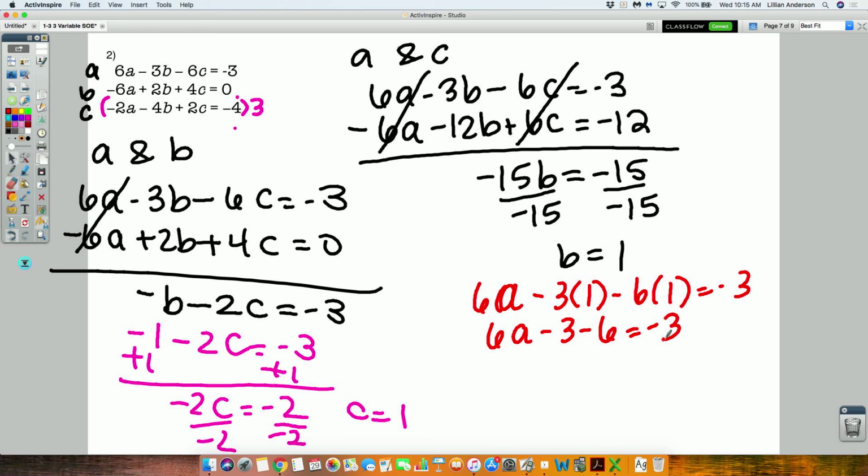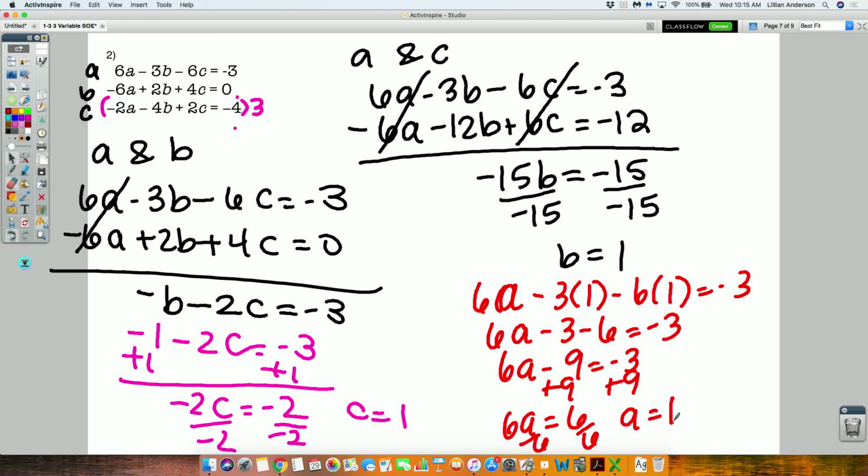What's negative 3 minus 6? So I have 6A minus 9 equals negative 3. Add 9 to both sides. 6A equals 6. Divide by 6, and A equals 1. So 1, 1, 1.